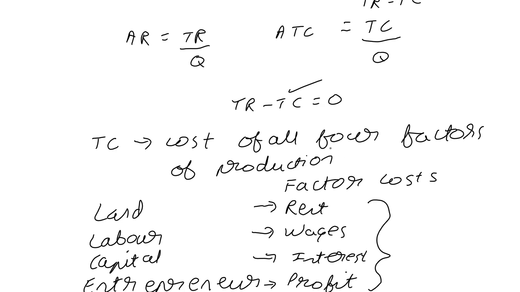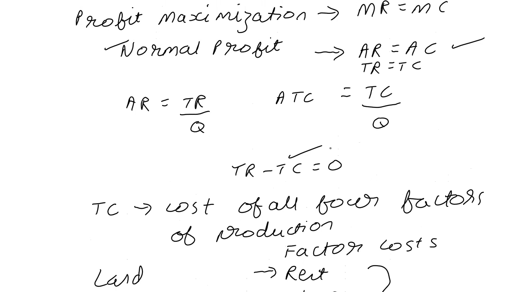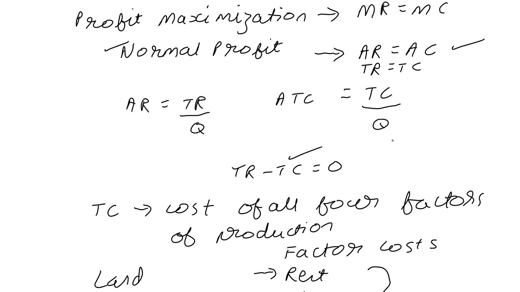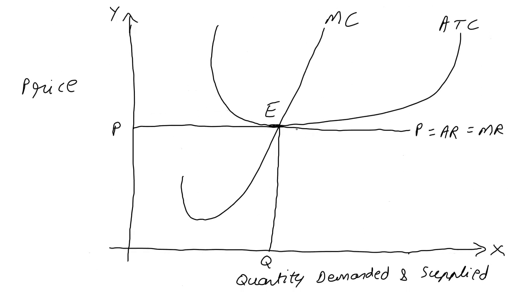Therefore it is expected that total revenue minus total cost will give you zero, or in other words, total revenue equals total cost, or average revenue equals average cost. The fact that both are equal at that particular point means this is a situation of normal profit.